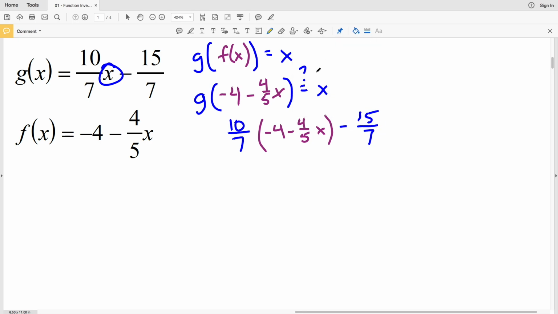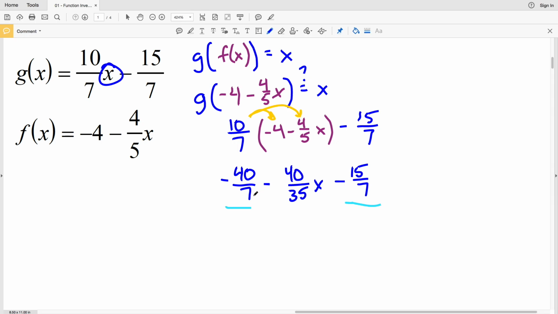15/7. So I'll start by distributing my 10/7. So 10/7 times negative 4 will be negative 40/7, and then I'll be subtracting 10/7 times 4/5, which is 40/35 times x, and then I'm subtracting 15/7. Now I'll combine my like terms, negative 40/7 and 15/7.